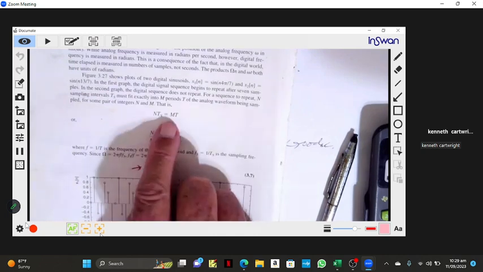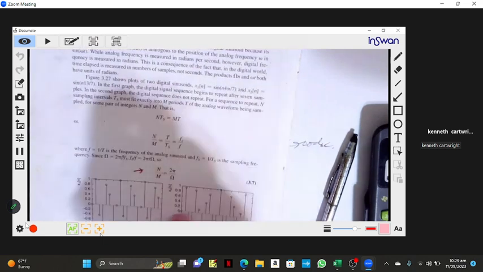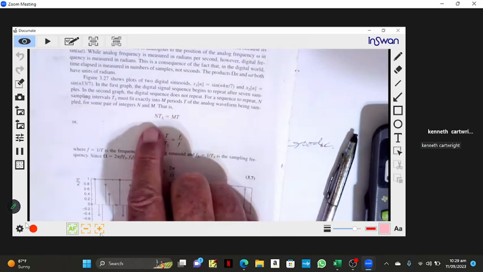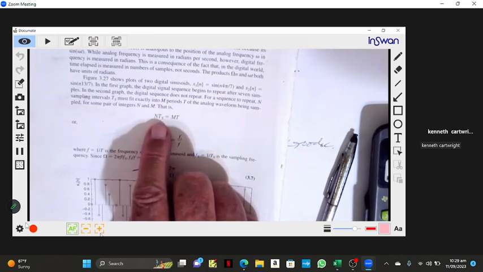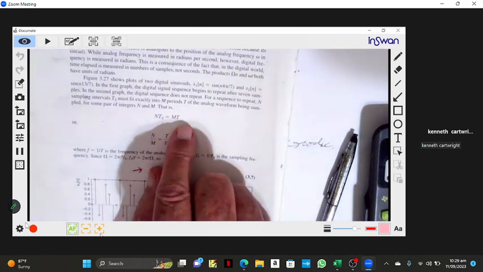So this equation must be obeyed. We have N sampling periods for the digital equal to M periods of the analog.